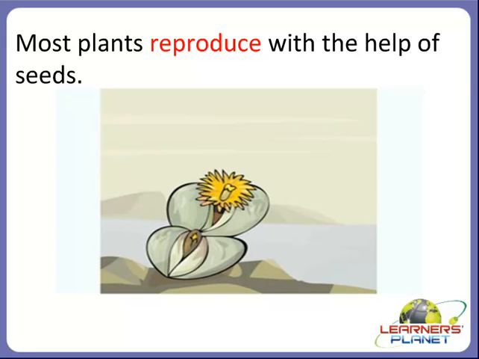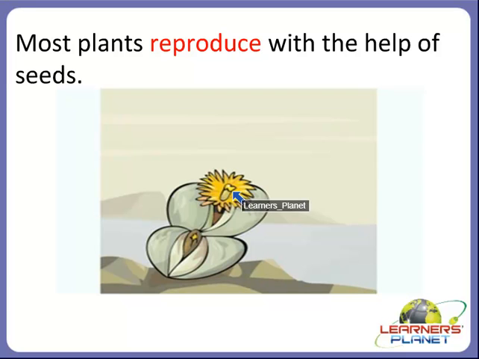Children, most of the plants reproduce with the help of seeds. So children, a seed becomes a baby plant, and after it becomes a baby plant, these seeds grow into new plants.